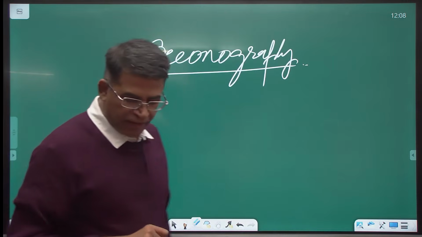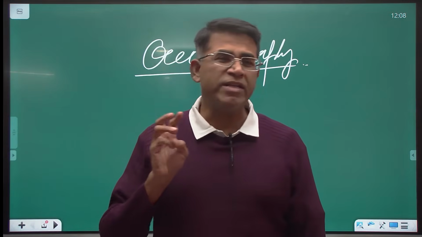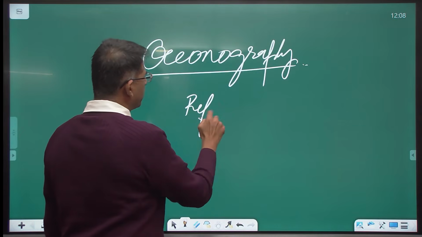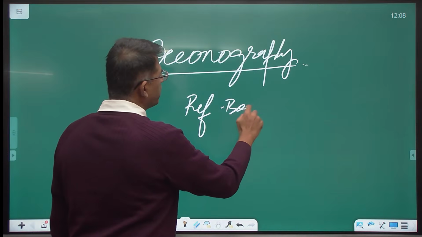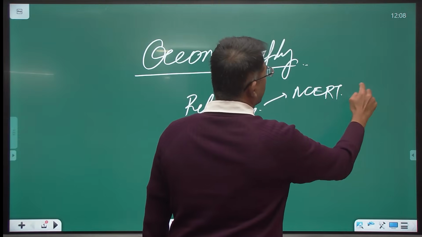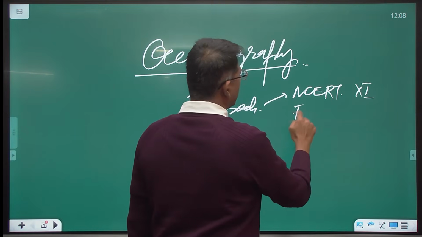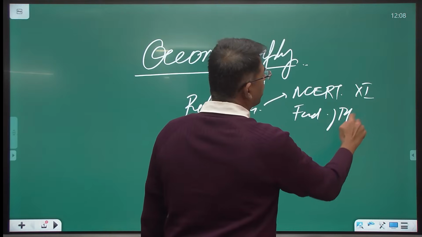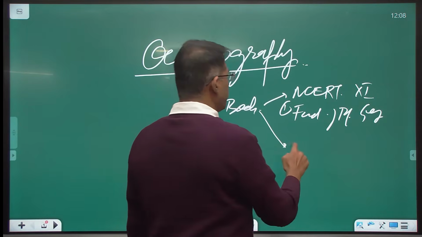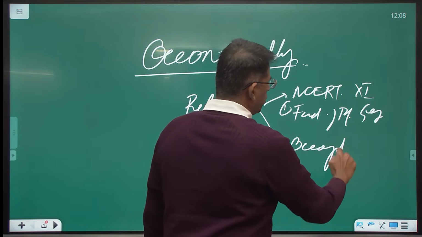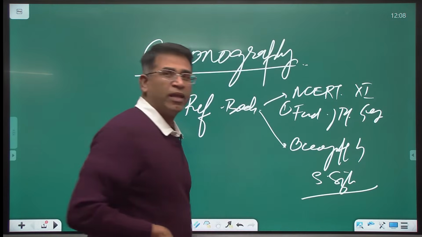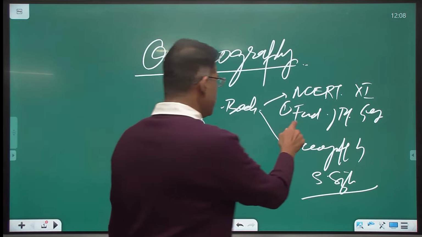Your textbook references will be, one is NCERT class 11th, Fundamentals of Physical Geography, and the second book will be Oceanography by Savindra Singh.